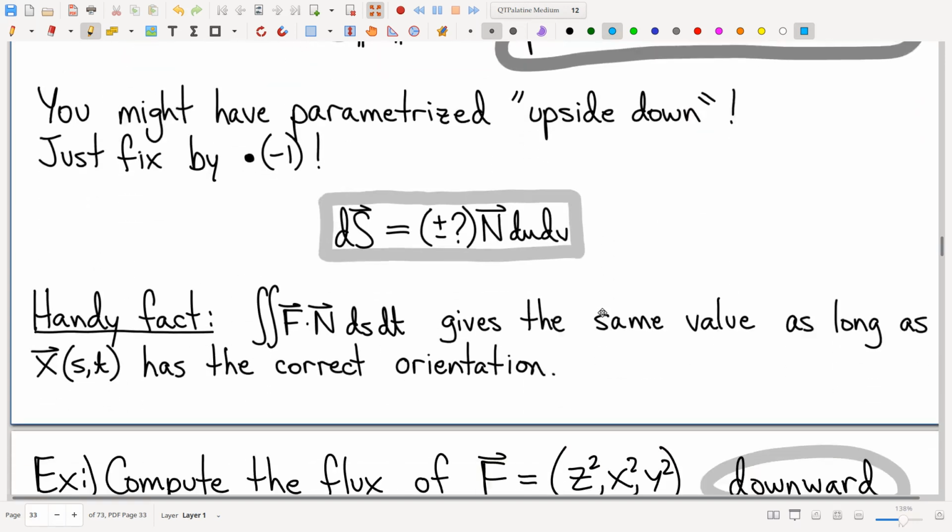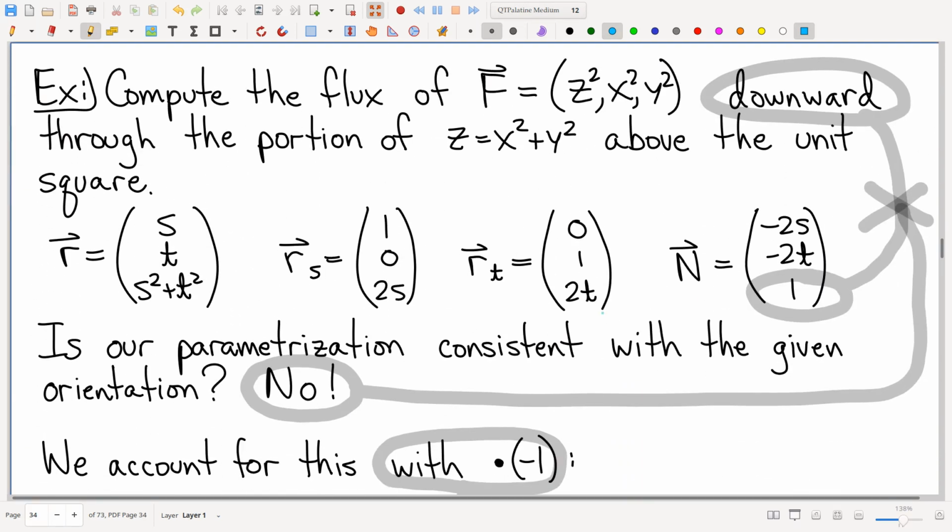Okay, so let's see how this works in action. The hardest part of it is remembering to think about it. You just have to remember, I can parameterize however I want, but I've got to pause and check and make sure the orientations are correct, and if it's not correct, don't forget to insert that extra minus sign, right?